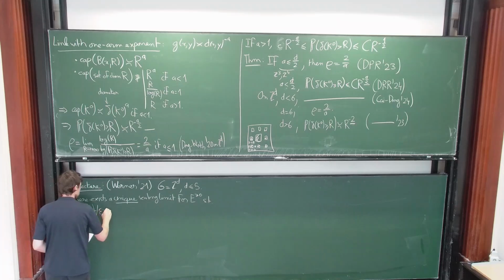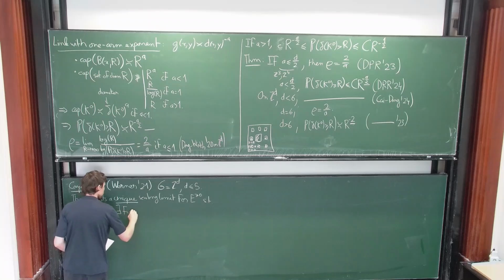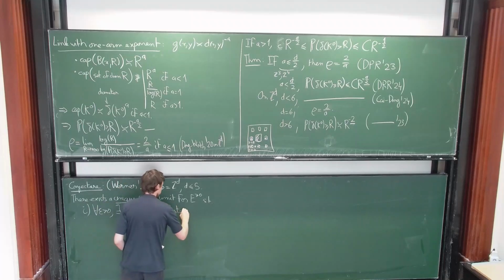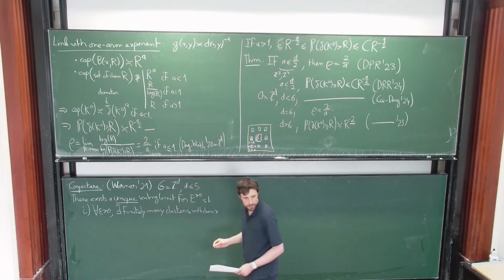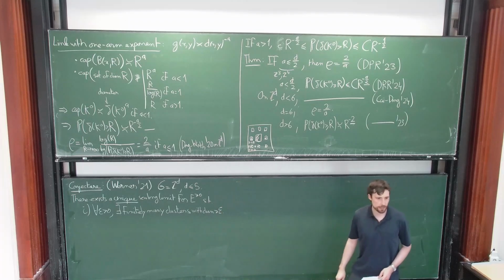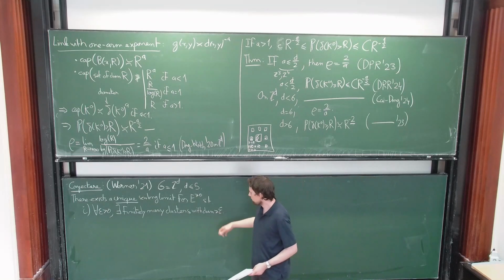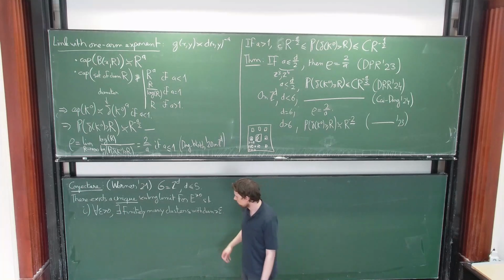First is that for any epsilon, there exist finitely many clusters with diameter at least epsilon. So if you take the scaling limit, let's say in a box of size 1, and then you look at how many clusters I see in my scaling limit, this conjecture tells you that you have finitely many of a given size. Okay, but you have infinitely many in total if you look at all sizes, but you have finitely many above a given size.